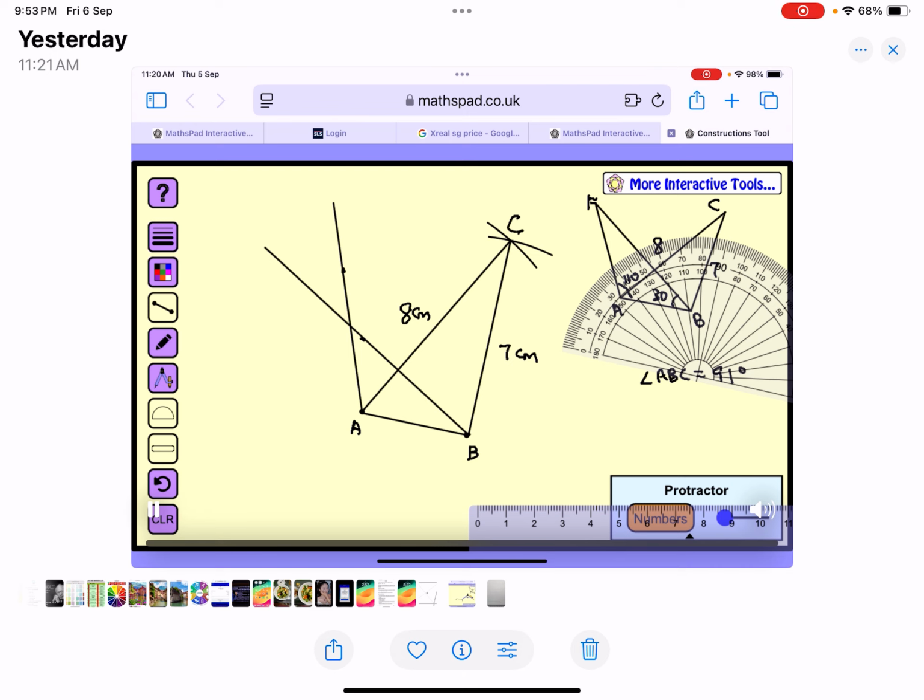Right, so we have the position of F, that is 30 degrees and 110.